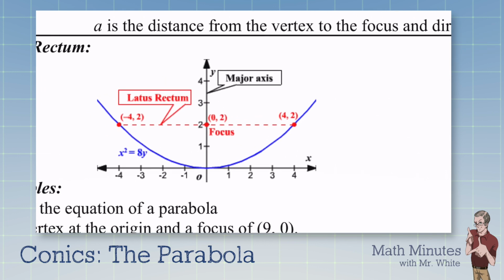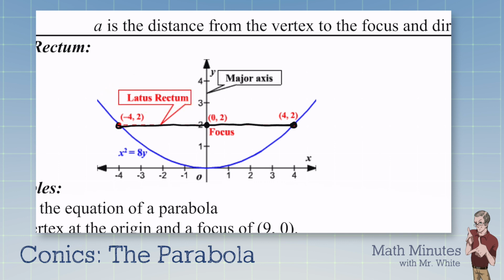We have one more vocabulary word on here, and it's a wild and crazy one. I don't know who named this thing. But if you have the focus, and you go parallel to the directrix, straight across, this line segment is called the latus rectum.